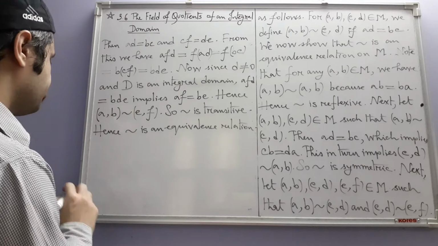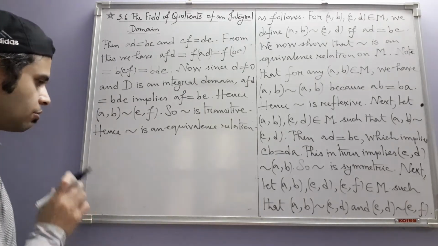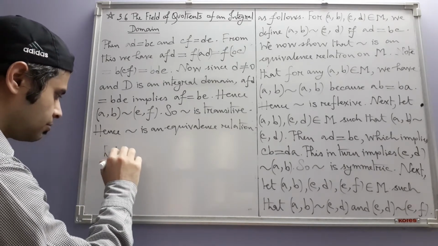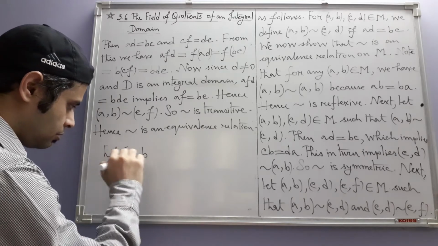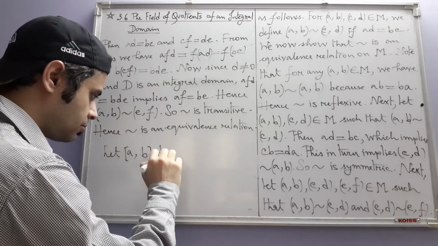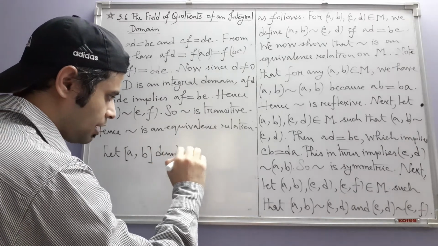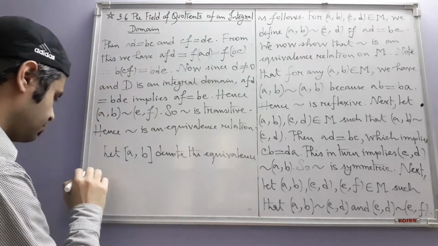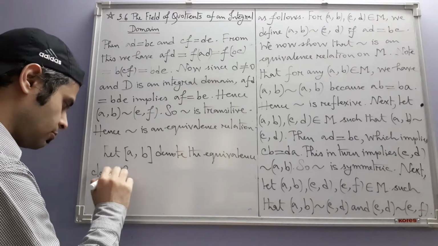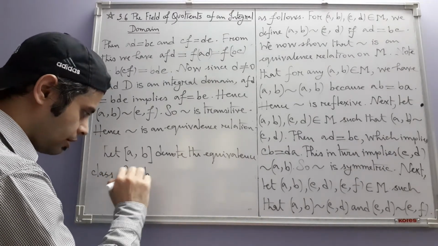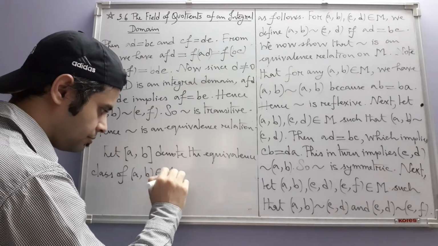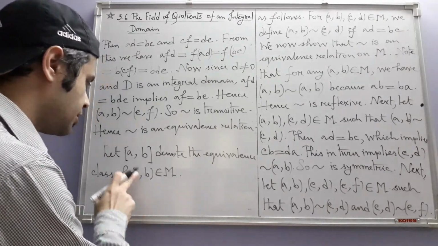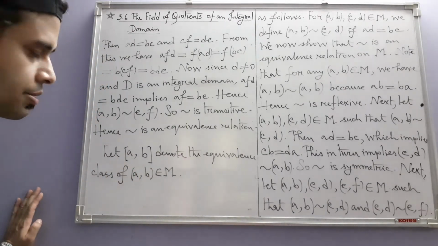In the next paragraph, we are going to devise a notation for the equivalence classes. Let this denote the equivalence class of A comma B belonging to M. So for every element in M like this, the equivalence class that contains that element will be denoted like this.